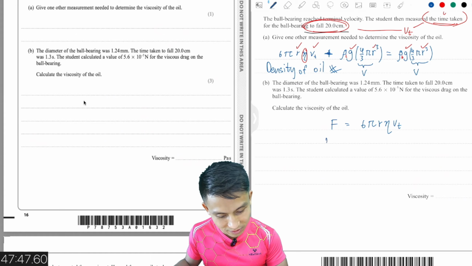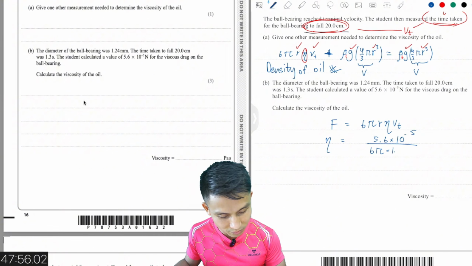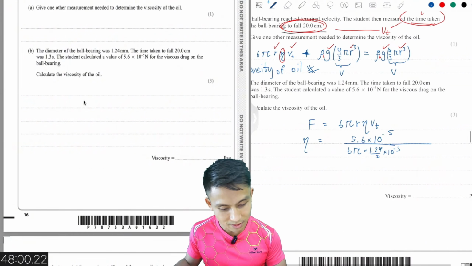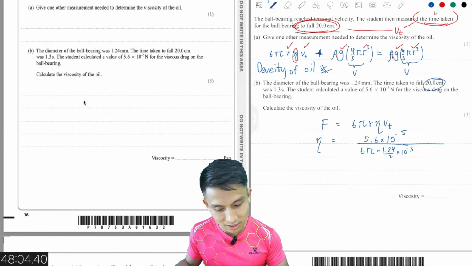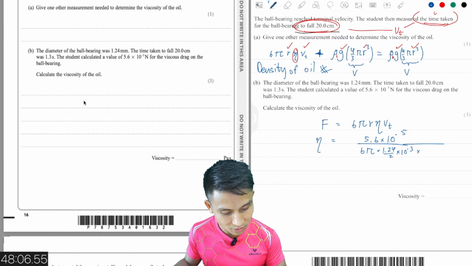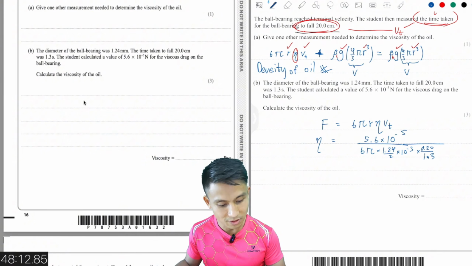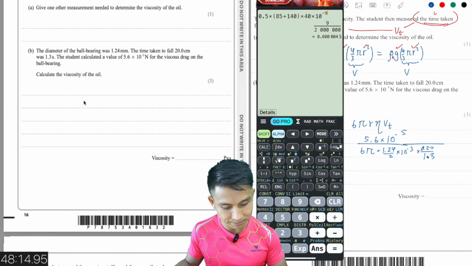So viscosity nu is just F divided by 6 pi R, which is 1.24 divided by 2 times 10 to the minus 3. That's just R. And then Vt is just 20 divided by 1.3, so 0.2, right? Because that must be in meters, divided by 1.3. Just going to plug everything in there, yeah?